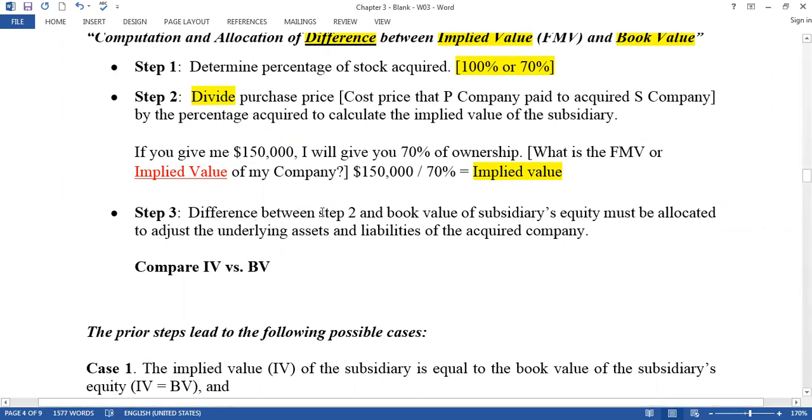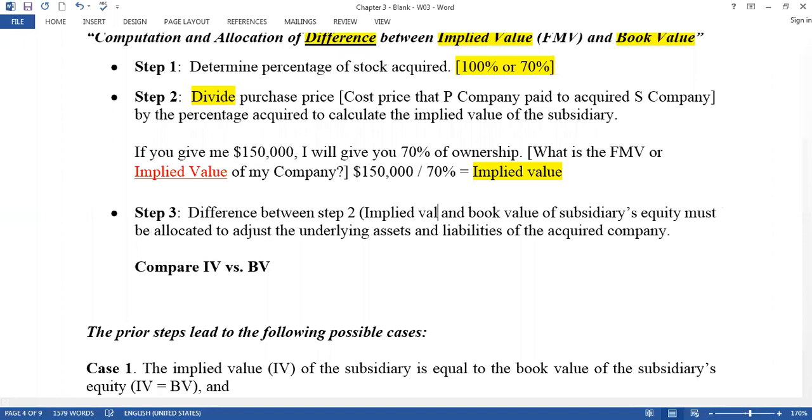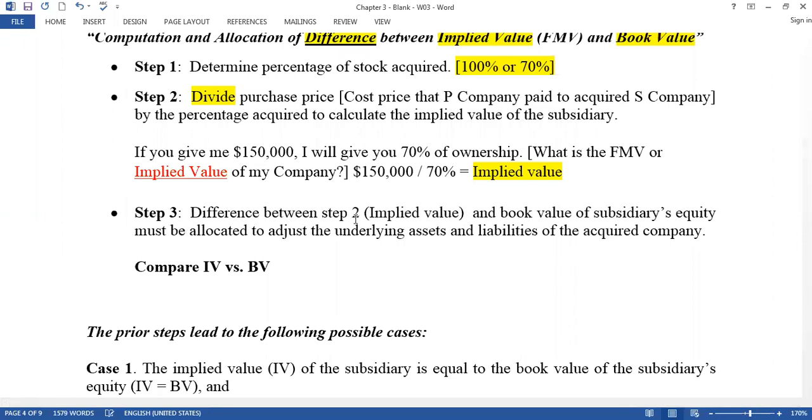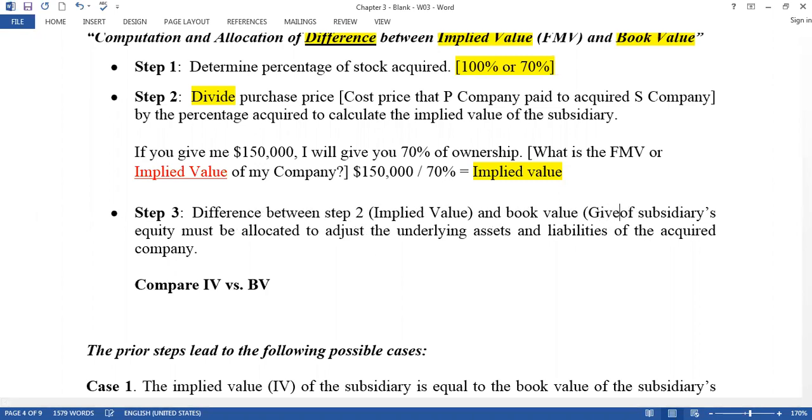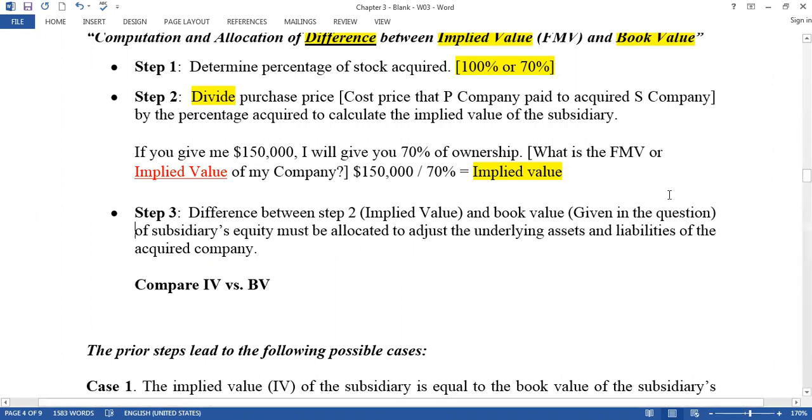In step 2, we calculate the implied value, and the question will give you the book value. So book value is given in the question.